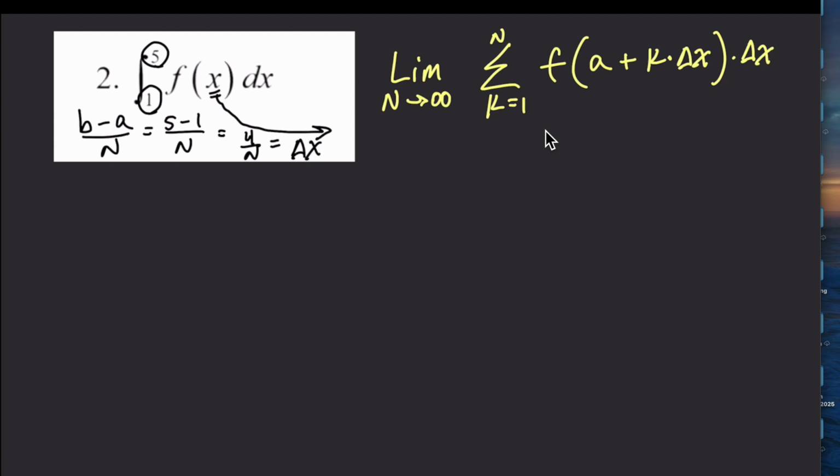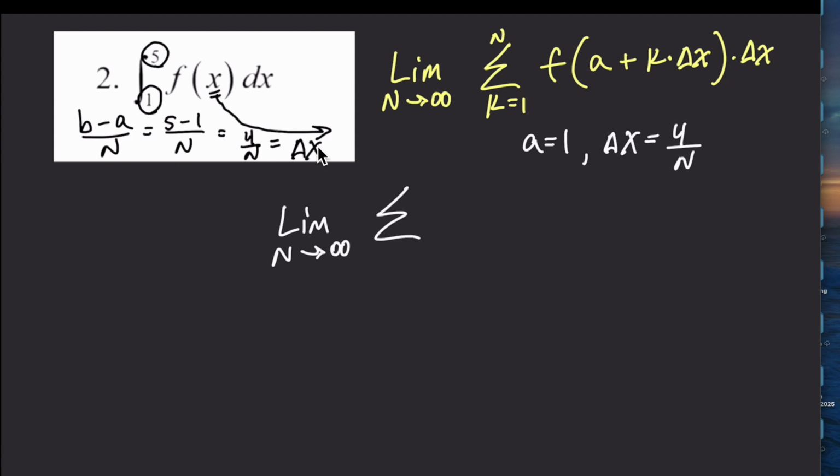So we're going to have our a value equals 1. We got that from the definite integral. And now we know that delta x equals 4 over n. So now we're going to redo our summation notation with those variables identified. We're going to have f of 1 plus k times 4 over n, times 4 over n.